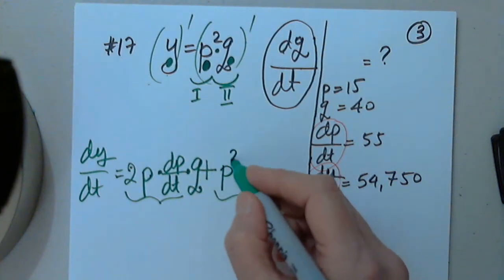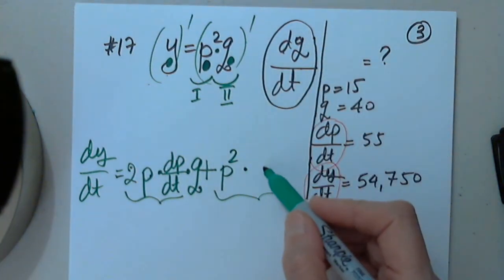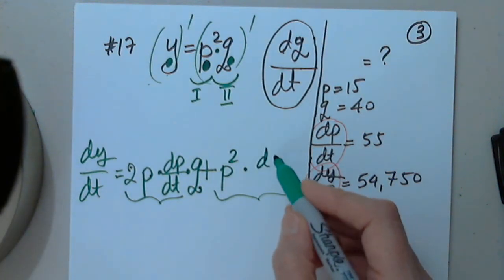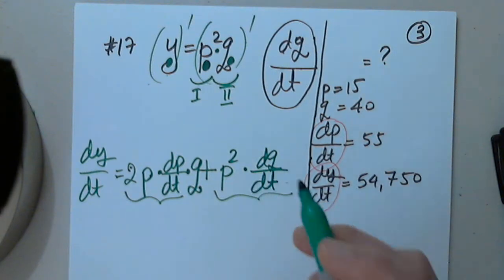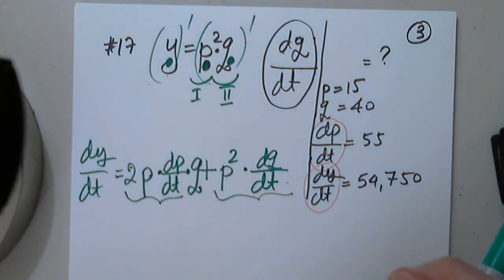So now p squared times, we need to differentiate the second function. What do I write? dq over dt. Again, brilliant. Does everyone understand this? Please ask before we continue.